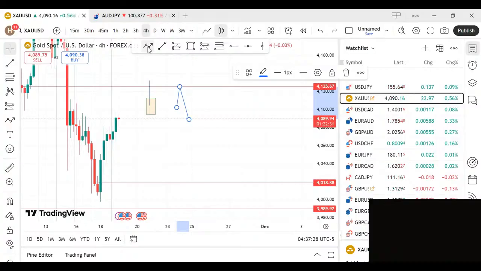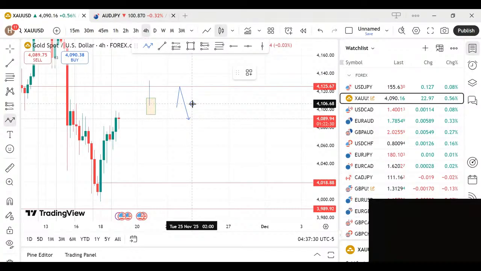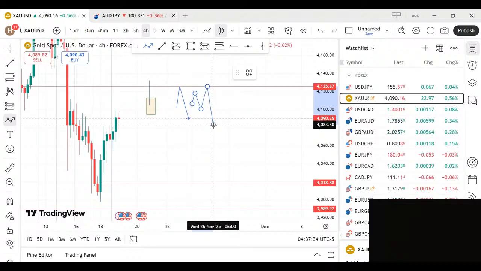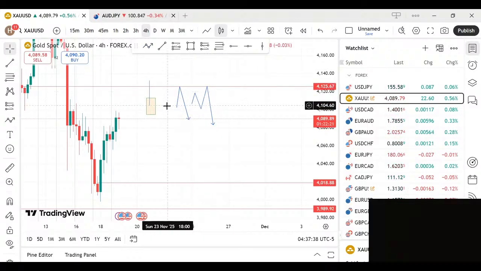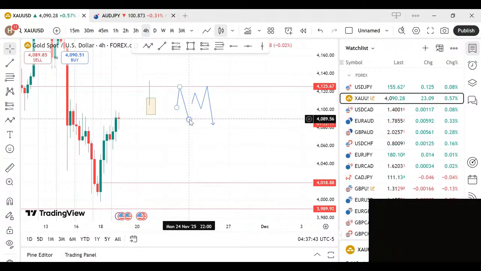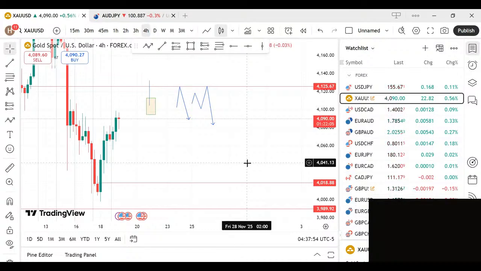This or this: a sweep and a break of structure to the downside. I'm looking for either of these two things. When I can see this on the 30 minutes or 1 hour, 45 minutes time frame, then I will sell gold. If you have a pair for me to analyze, please drop it. That's what I want to see on gold.